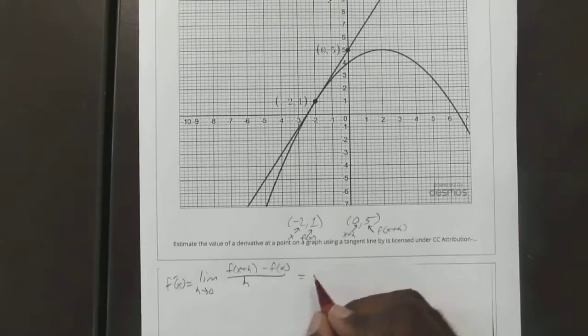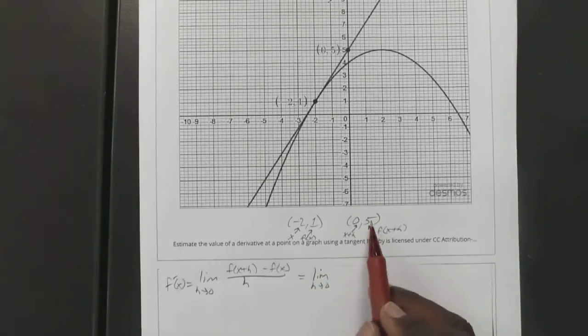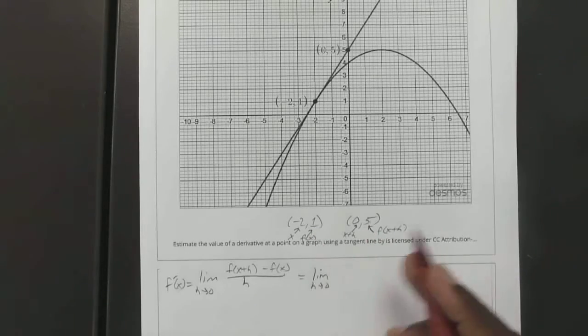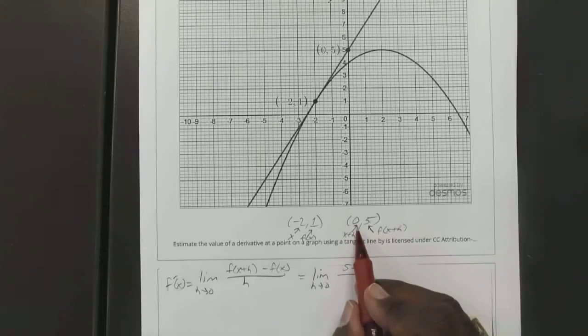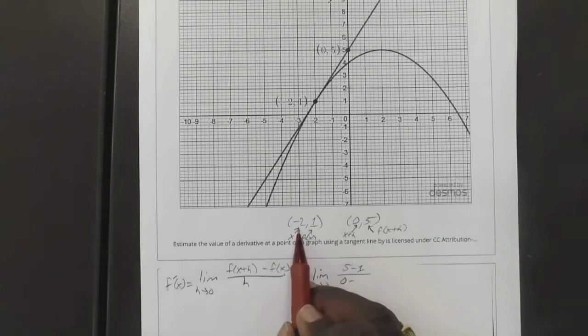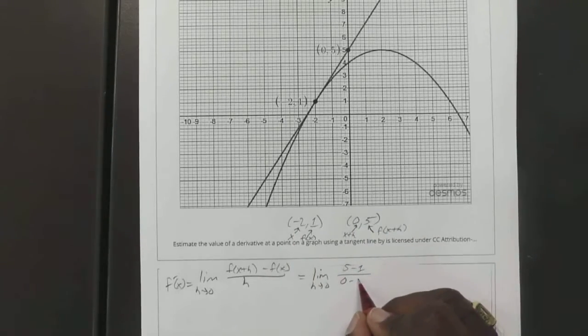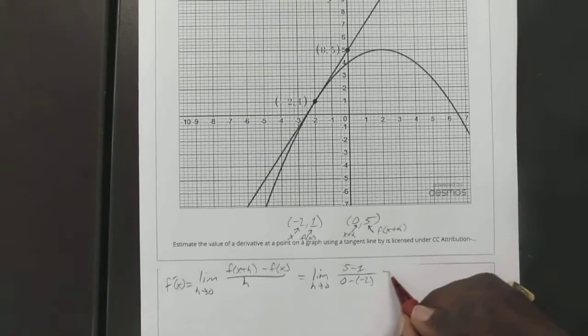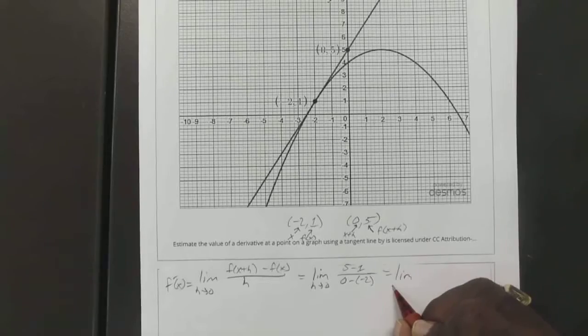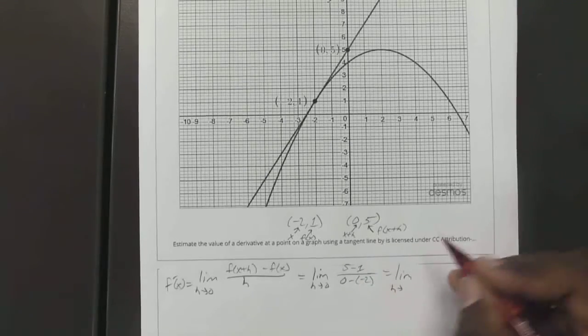Okay, so that just gives you the limit as h approaches 0 of f of x plus h minus f of x, so 5 minus 1, all over x plus h minus x, or your h, 2. Okay, so you end up with the limit of 4 over 2, which is just 2.